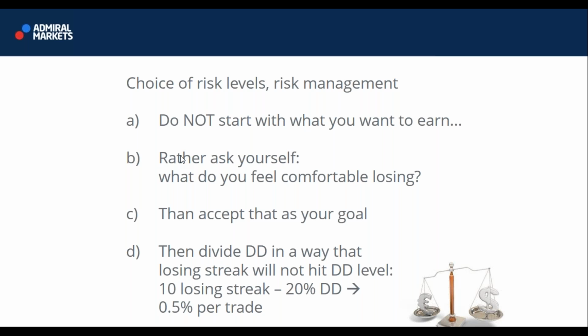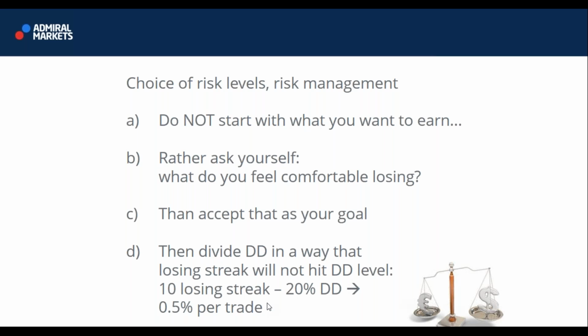You can also flip it around and say, okay, I have a typical max losing streak of 10 losses. I don't want more than 20% drawdown. So I can take not 0.5% risk, actually 2% risk. It's the other way around, sorry. 2% risk per trade, right? Because if I have 10 losses in a row times 2%, it's 20.